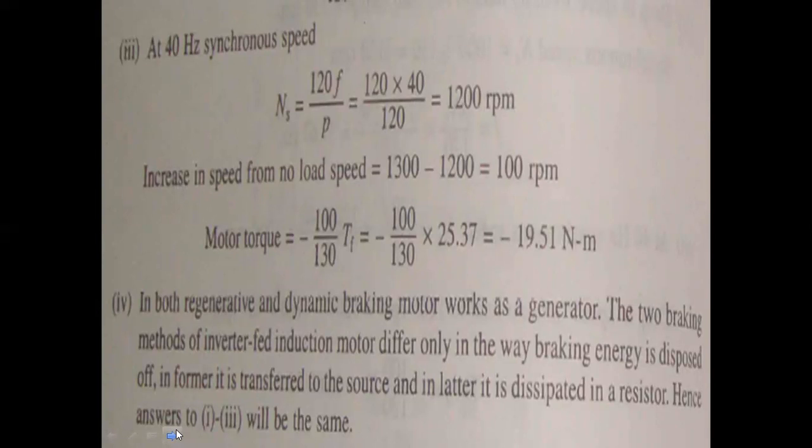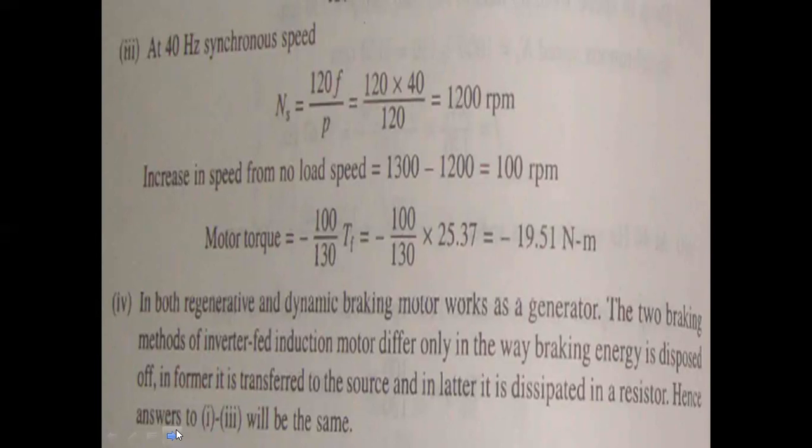So the two braking methods of inverter fed induction motor differ only in the way of energy dissipation. How much energy is dissipated from the DC link, or from the inverter to the source, that will be the only difference. Hence the answers will be the same for 2 and 3.